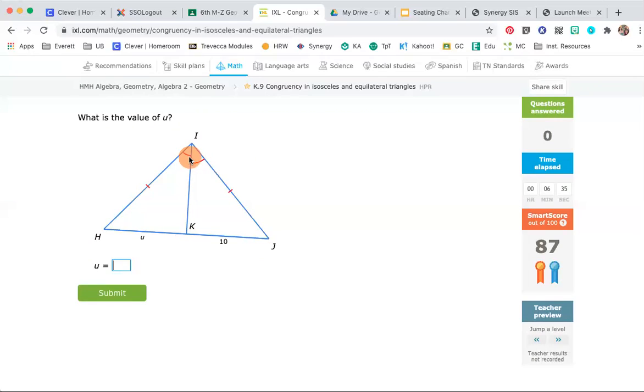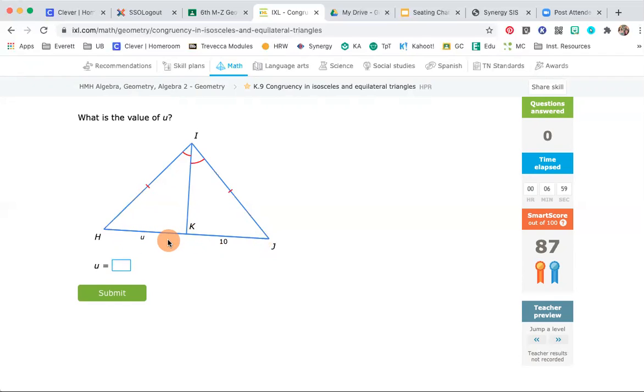You have matching angles up here, and you have matching angles down here, so you must also have matching angles in here. Well, what that lets us know is that these two triangles are exactly the same as each other. So if line JK is 10 units long, then line HK is also going to be 10 units long.